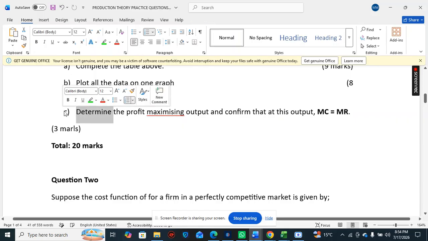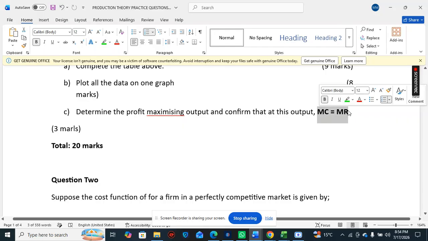We'll look at part 3, which says determine the profit maximizing output and confirm that at this output, marginal cost equals marginal revenue. So colleagues, remember this. This point where marginal cost equals marginal revenue is the point of profit maximization. When marginal cost equals marginal revenue, that's the output you need to produce to get your maximum profit.